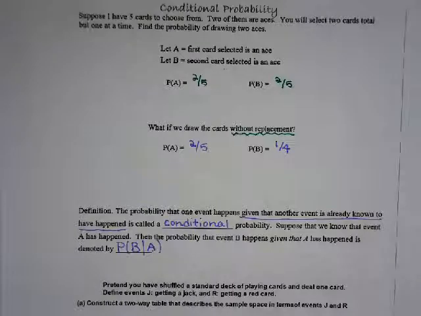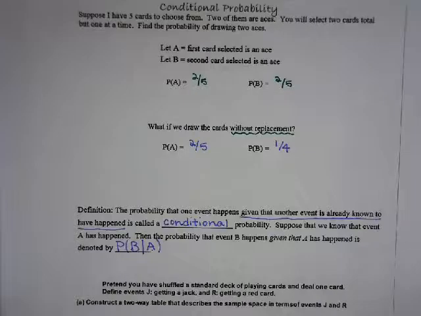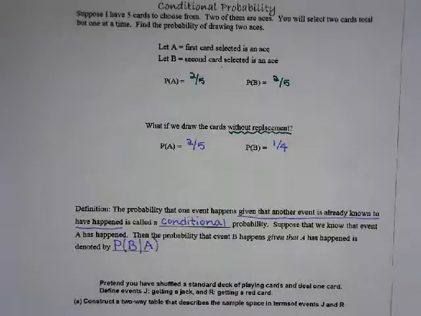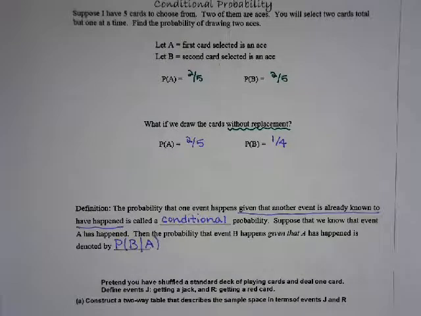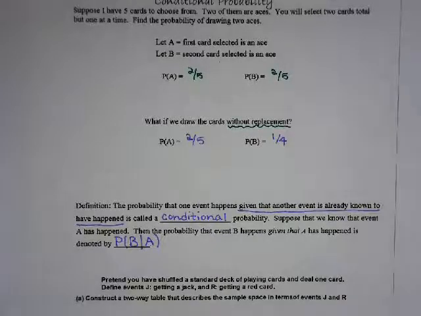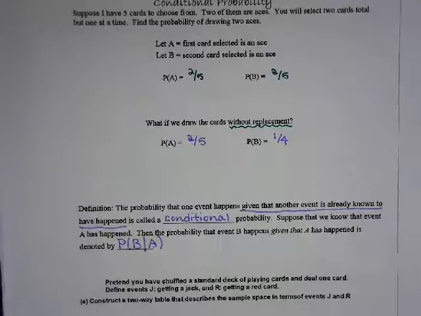We're going to continue with cards, because cards I think are a little tangible to uncover what our rule is for conditional probability. So we're going to keep working with the example of jacks that we worked with last time.